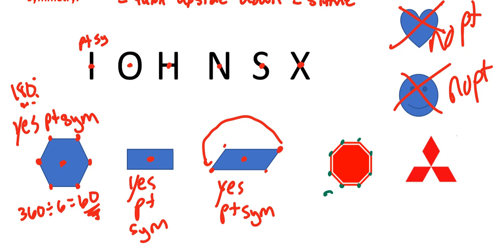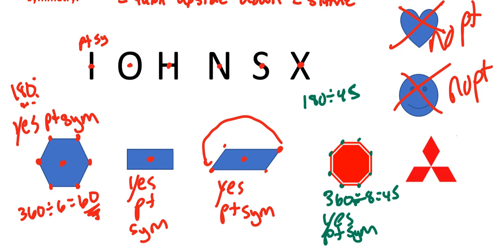It was 45 degrees by doing 360 divided by 8. And if we did 180 divided by 45, it does work. It goes in. So yes for point symmetry. Again, most of the point symmetries you can just tell visually. You don't have to show any math for it. It's pretty much a yes, no.